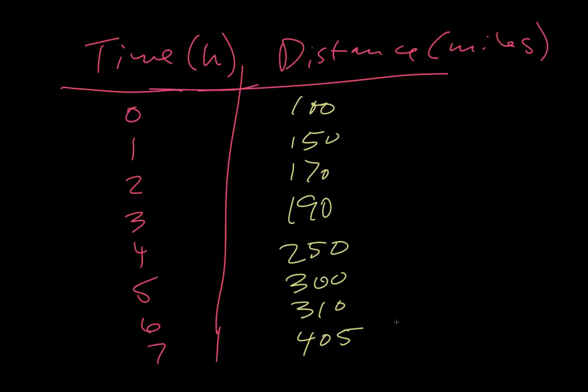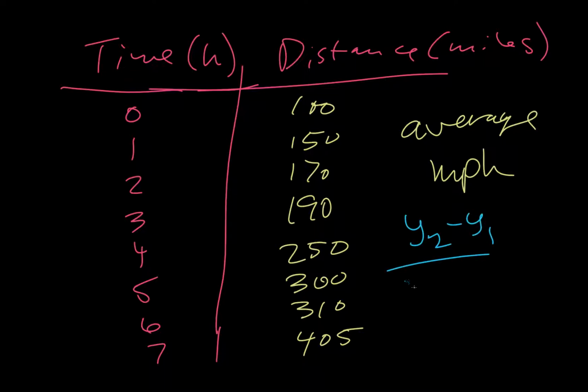And what if we want to know the average speed in miles per hour? So we want to know average miles per hour. So to do that, we're essentially just going to do y2 minus y1 over x2 minus x1.